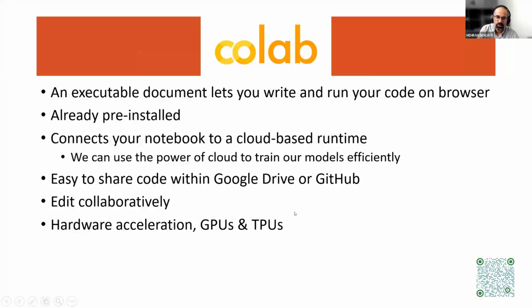It also allows you to do collaborative work on your code. It also provides hardware acceleration like GPUs and TPUs, so you can run your heavy dataset in a shorter time rather than waiting, for example, for weeks or months to run those codes on your personal computer.